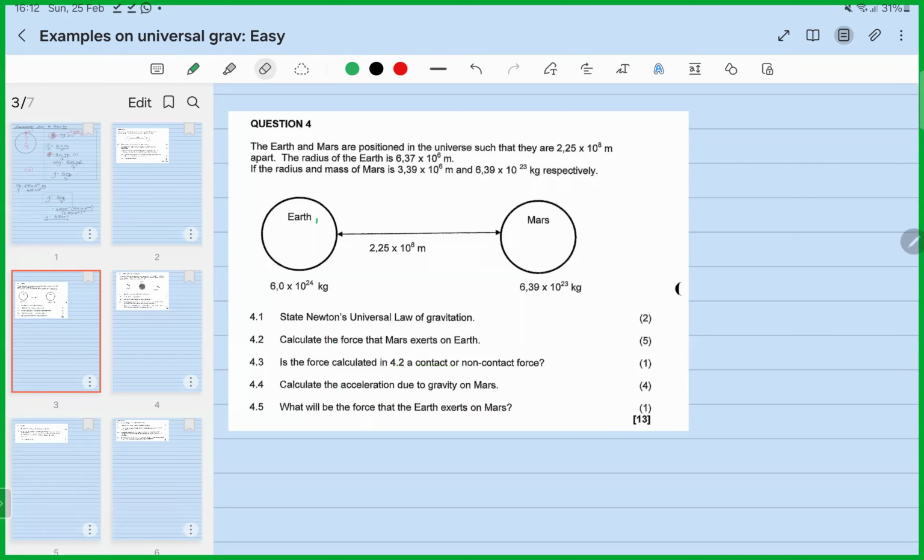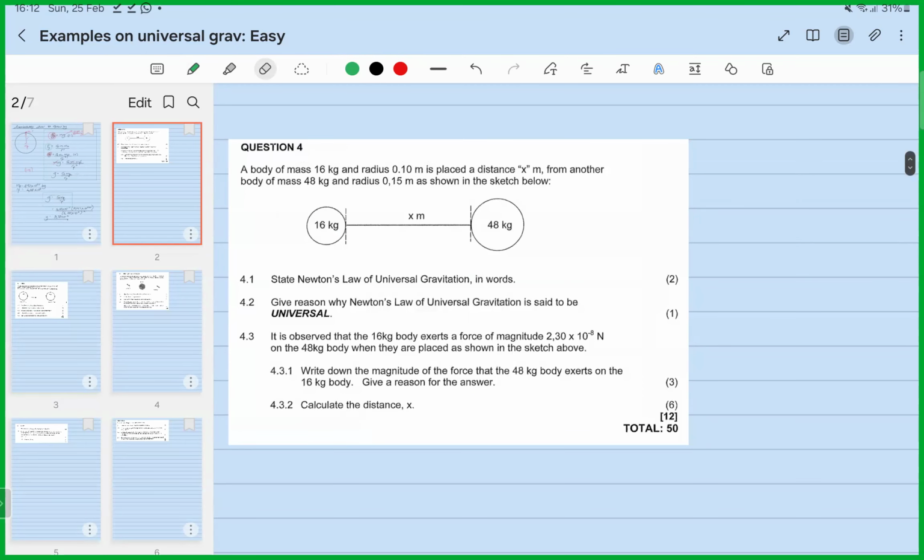But let's start. As I said, these are what I would consider to be routine questions. They aren't very difficult. And I chose this particular batch to ease you into the formula as well. So question number 4, taken from a past exam paper, says a body of mass 16 kilograms, so that's our M1 there, has a radius of 0.1 meters.